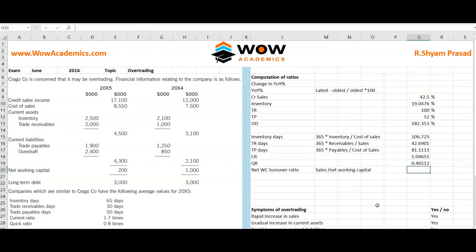So we'll get that number. The sales number is 17100 divided by net working capital. We have it here, it's 2. It's a turnover ratio, so it is 85.5 times. So it is a very high ratio here.